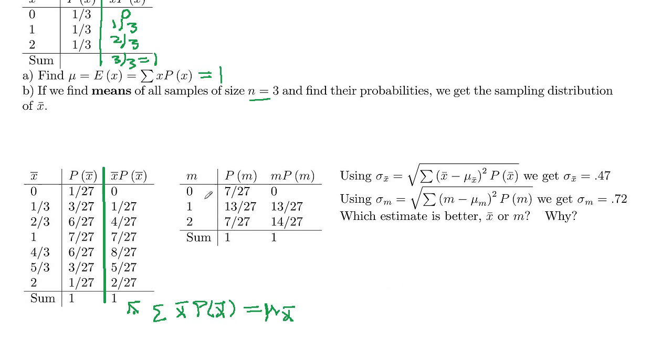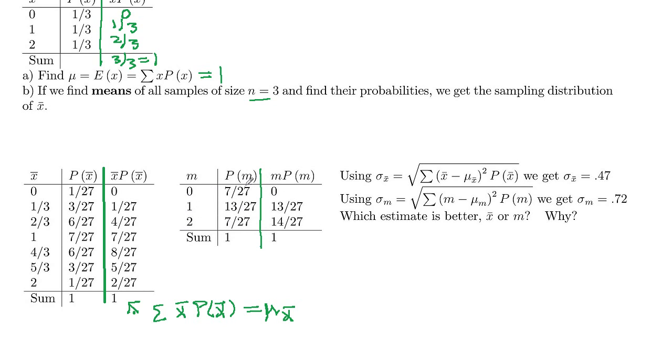Now, if you do medians of samples of size 3, the only values you can get are 0, 1, and 2. And then the probability of those occurring, so if you count up how many samples, there would be 27 samples. How many give you a median of 0 is 7. 13 of those samples give you a median of 1, and 7 give you a median of 2.